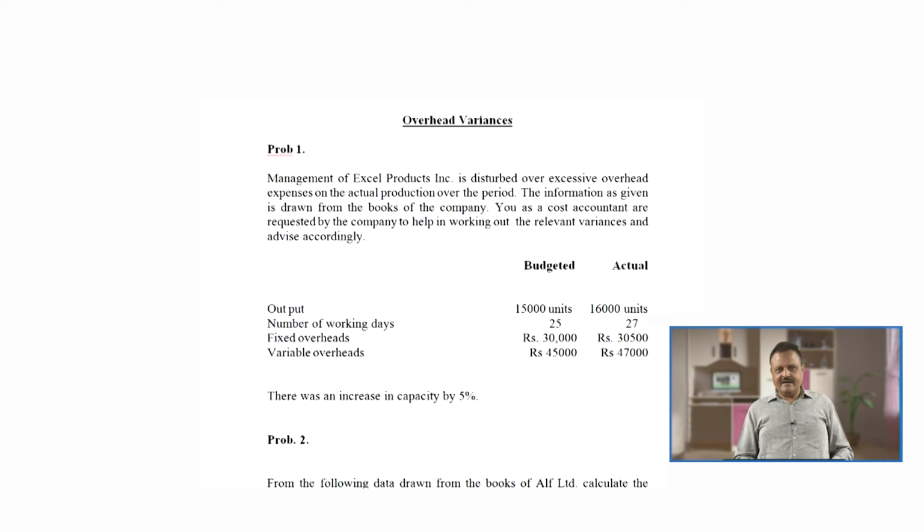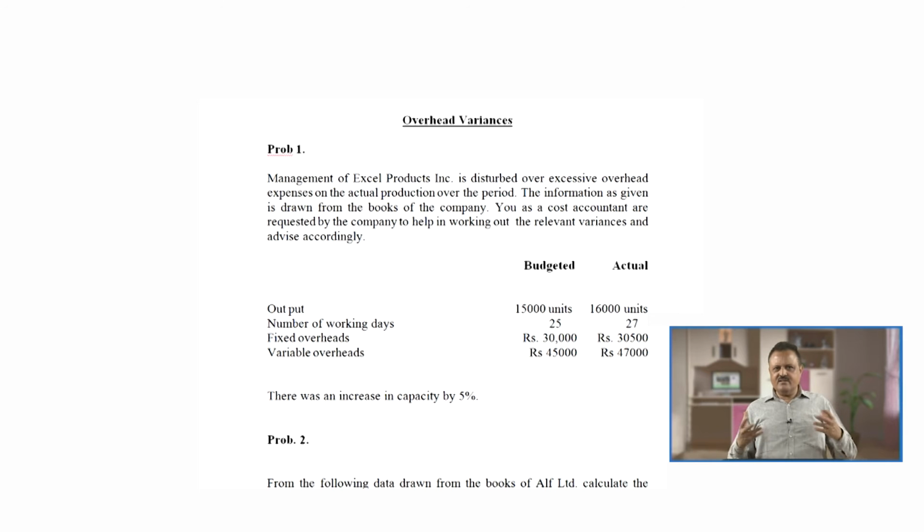This last line, that there was an increase in the capacity by 5%, is only usable if you calculate the fixed overhead capacity variance. For that, you have to first calculate the fixed overhead volume variance, then the capacity variance. Why do we calculate this in relation to the volume?